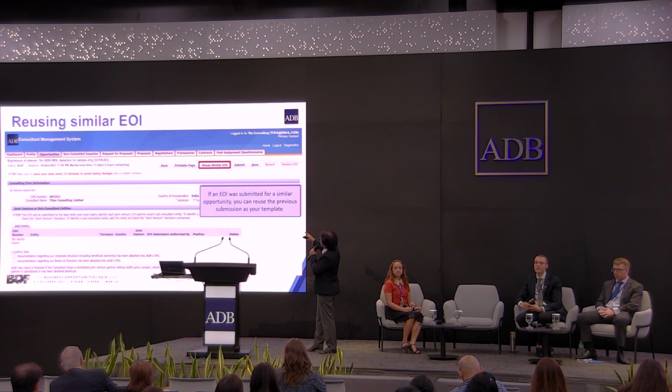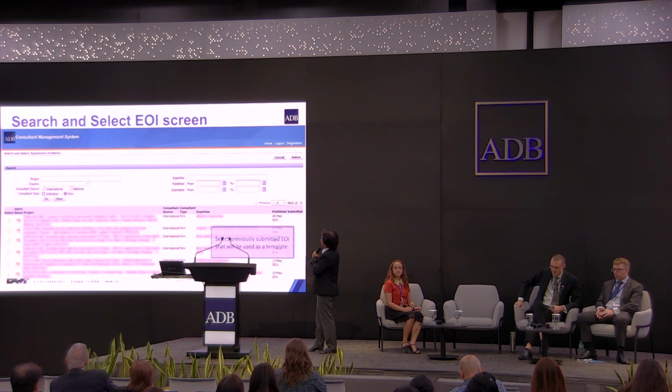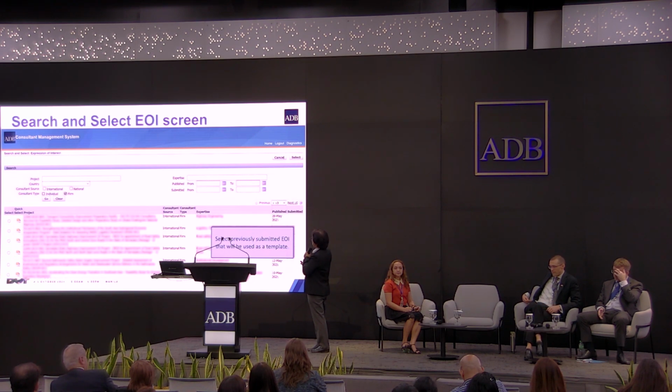You can use this for a similar opportunity, okay? All you need to do is click that button, and then you will see all those EOIs that you have submitted. So select the EOI that you want to use as your template. Just click Quick Select or the Select radio button over there.